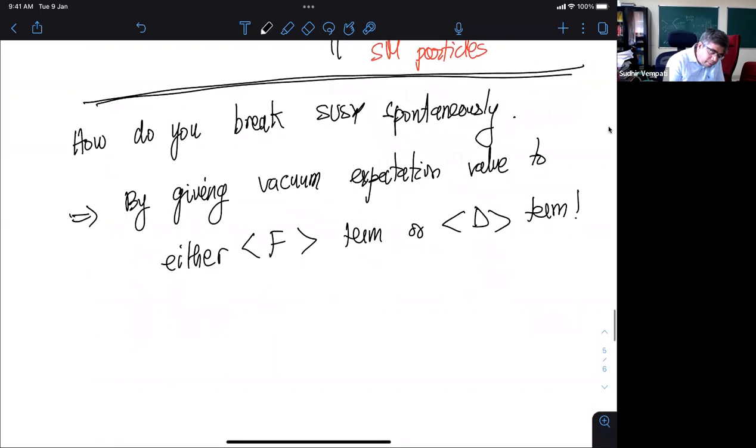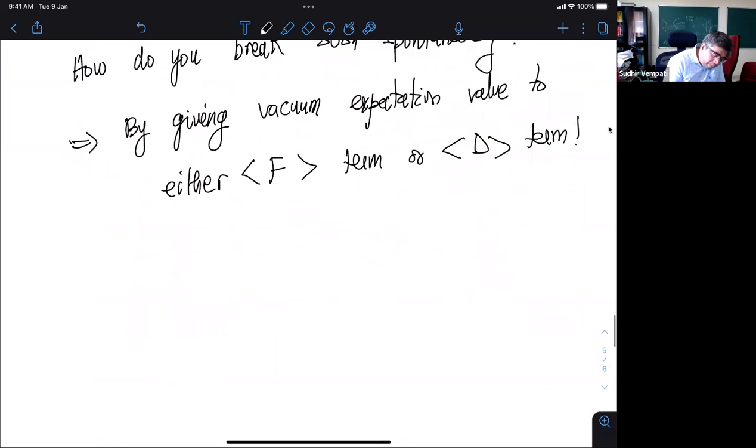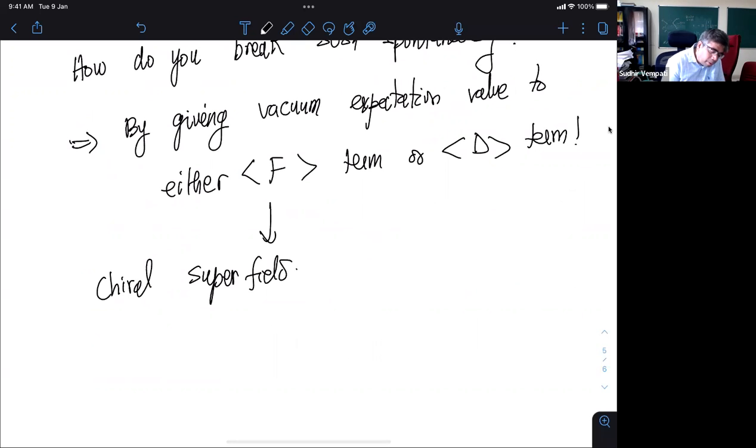Now, where does the F term come from? The F term comes from the chiral superfield. In the chiral superfield, you have the theta theta F term. So you get a vacuum expectation value for this F term. This is equivalent to spontaneously breaking supersymmetry.